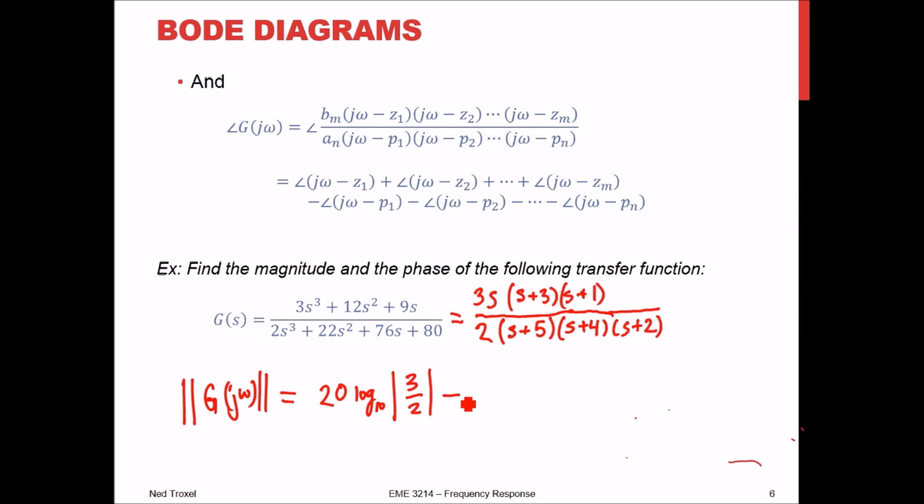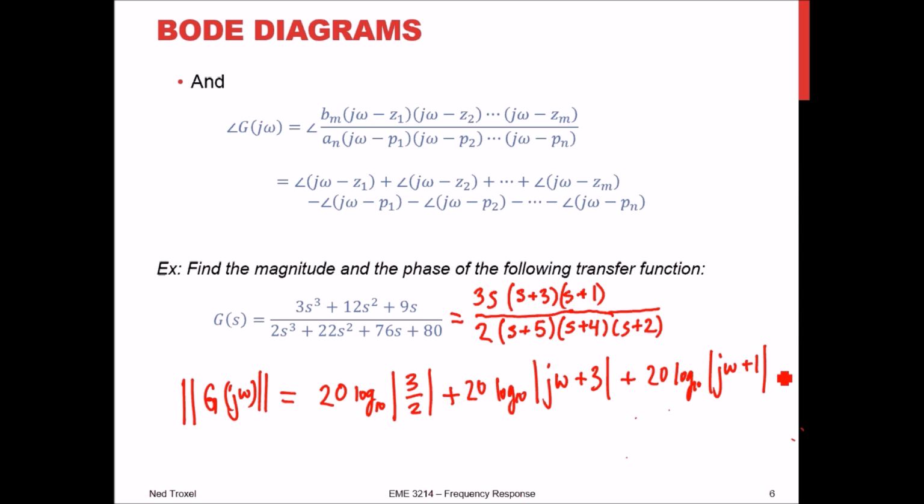I'd have to add 20 log 10 of the magnitude of j omega plus 3, plus 20 log 10 of j omega plus 1.